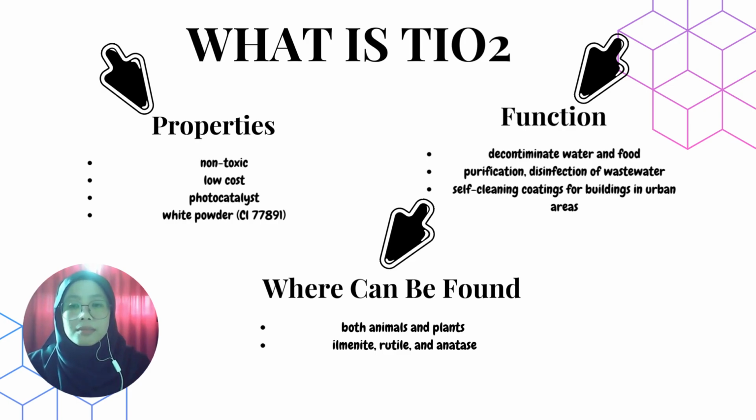Titanium dioxide can be found in both animals and plants, and it can also be obtained from ilmenite, rutile, and anatase. Ilmenite, rutile, and anatase differ in shape, structure, density, and refractive index, which means rutile has a higher structural stability compared to both ilmenite and anatase.